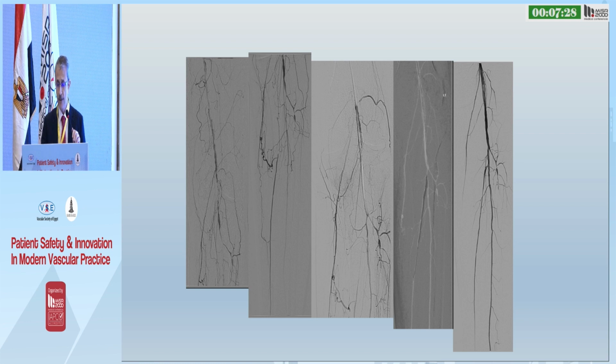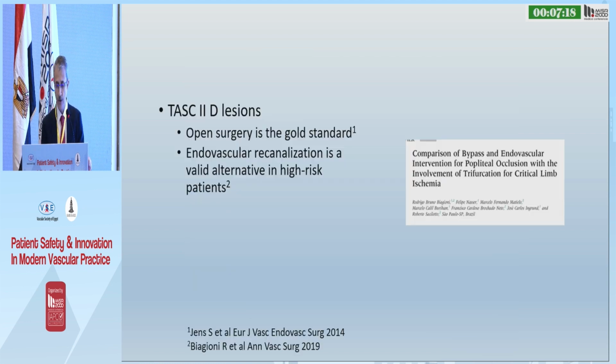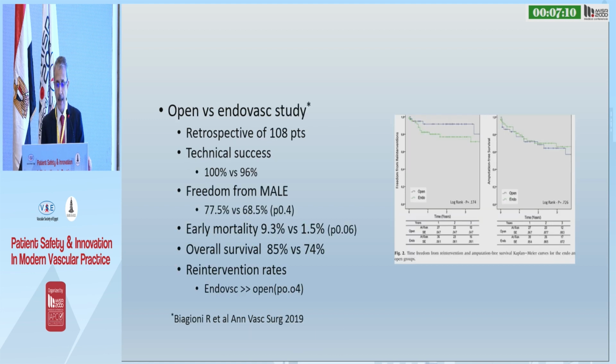Now, this area of the trifurcation, Rida has touched on it. It's quite complicated, and surgery traditionally has been the intervention of first choice. This is a paper of 108 patients comparing open versus endovascular, mainly focusing on the lesions in the trifurcation.